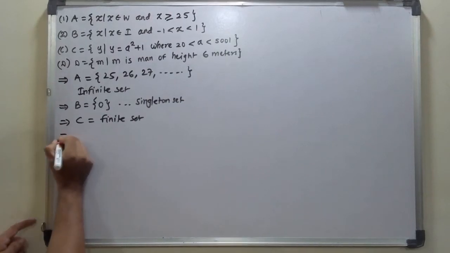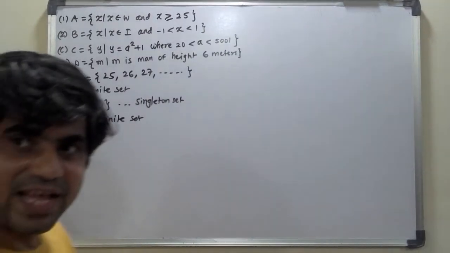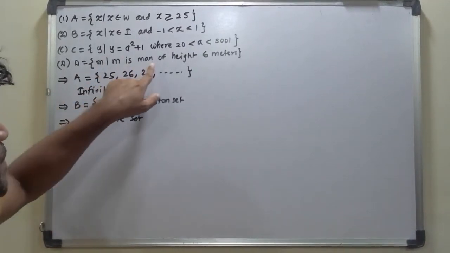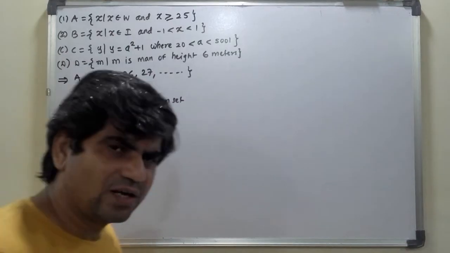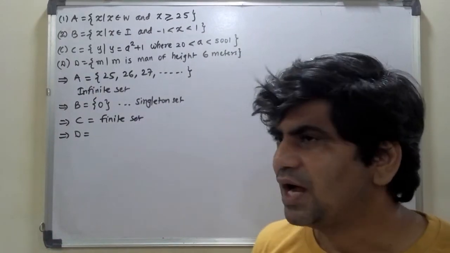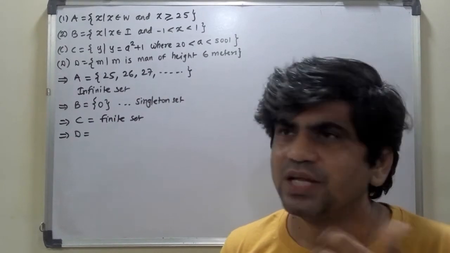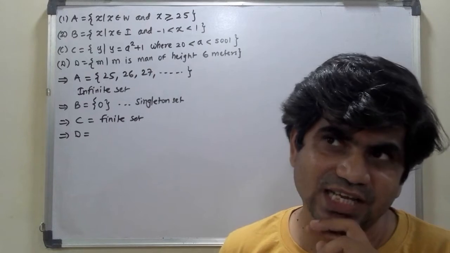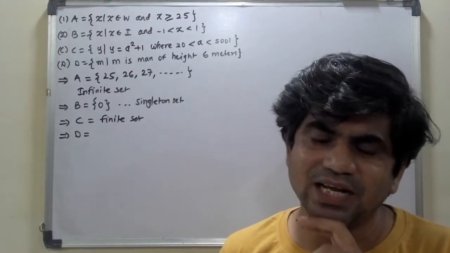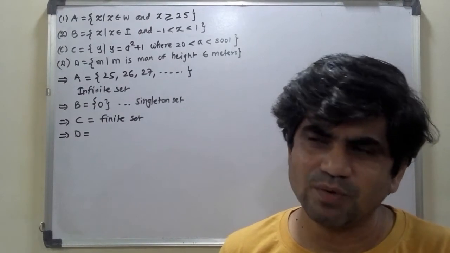And what about set D? Set D is the set of all m, where m is a man of height 6 meters. Yes, 6 meters, no problem. If you count how many men are more than 6 meters, you will say Amitabh Bachchan is there, then Hrithik Roshan is there, Abhishek Bachchan is there, and I don't think so, others I don't know exactly, in your so-called Bollywood.